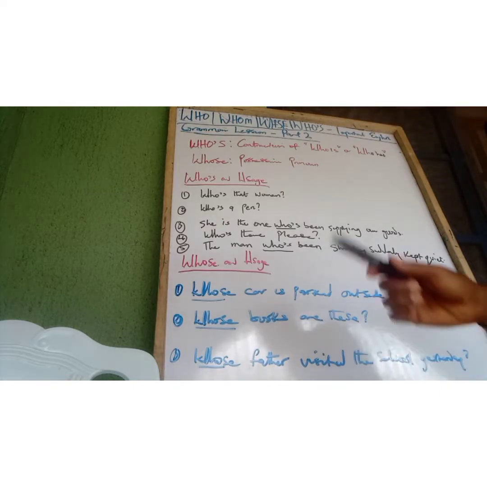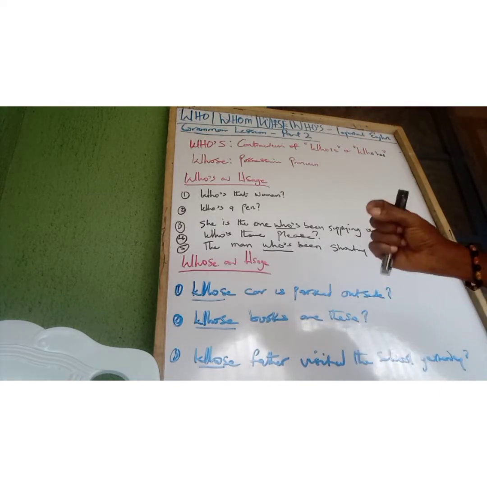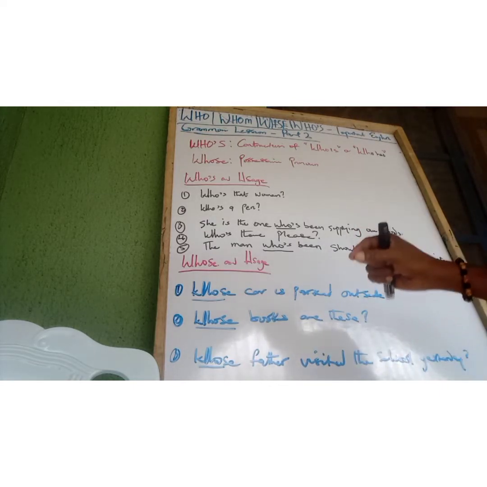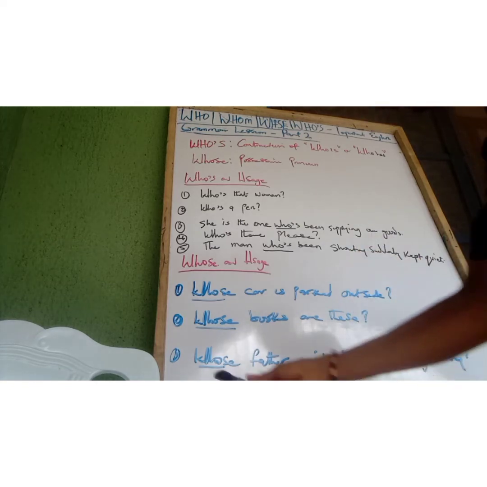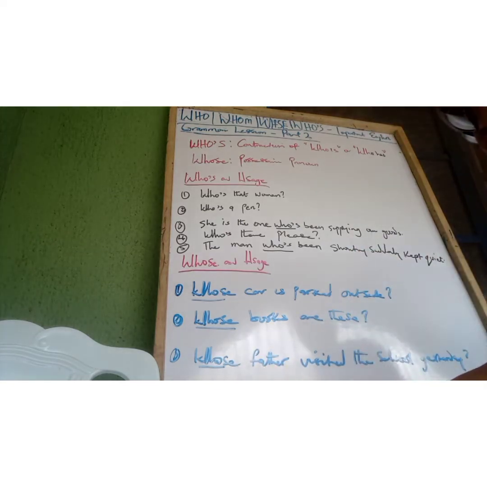I observed that a man came to visit us yesterday, please, whose father visited us? Then the fourth one: Mr. James is the one whose dog was killed last week or yesterday. Then finally: the criminal whose car was hit has been arrested by the police.